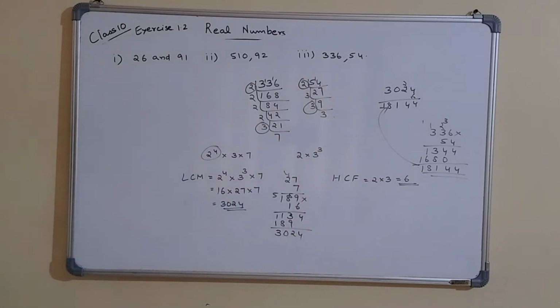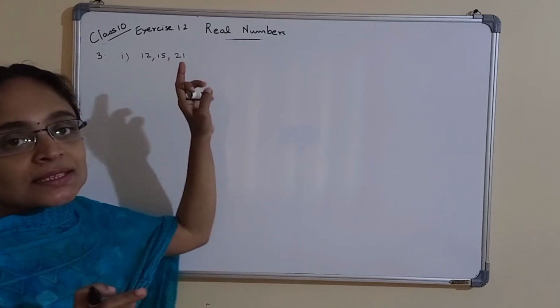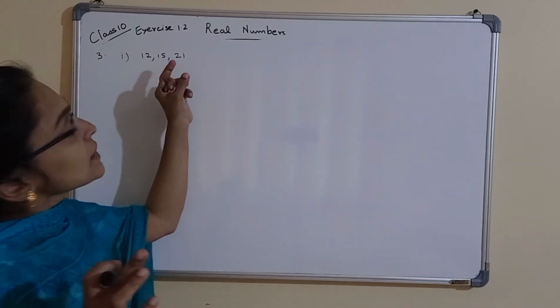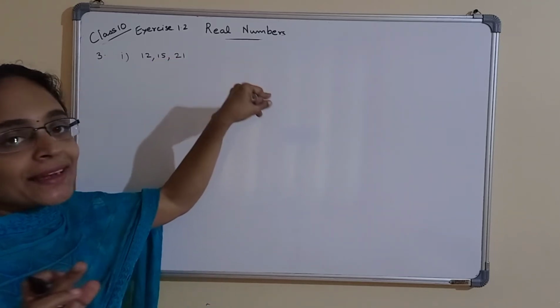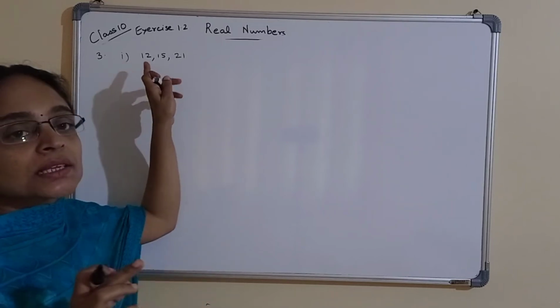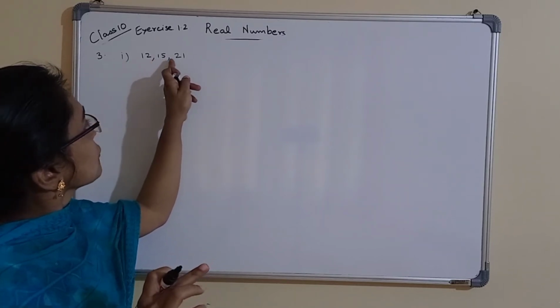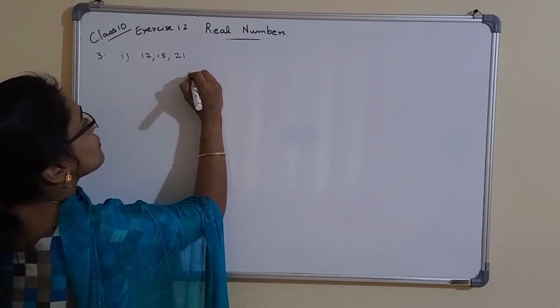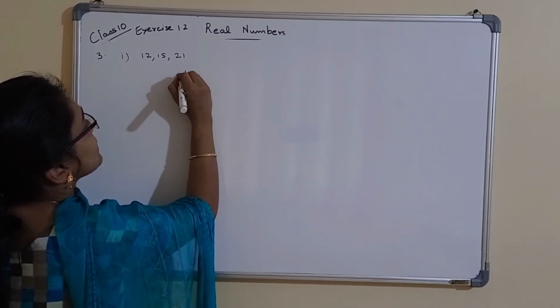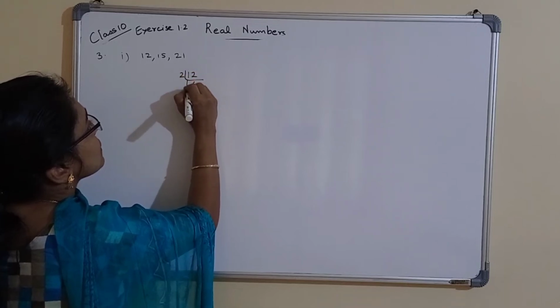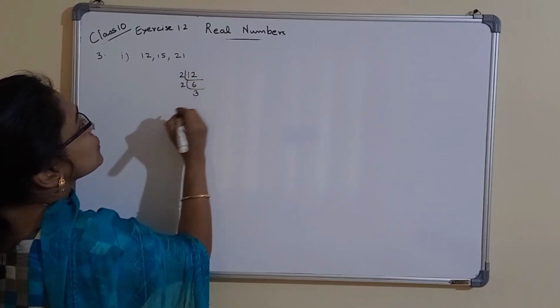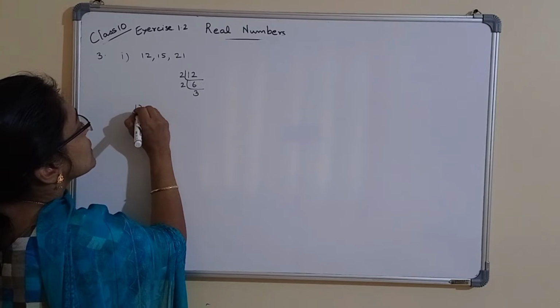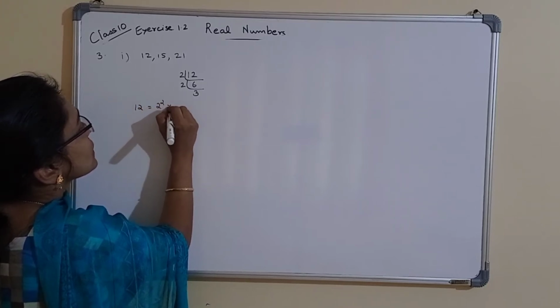Okay. Next one, find the LCM and HCF of the following numbers by prime factorization method. That is the question, and in that the first part is to find the LCM and HCF of these numbers 12, 15 and 21. So prime factorization. First we can factorize 12. 12 is equal to 2 square into 3.